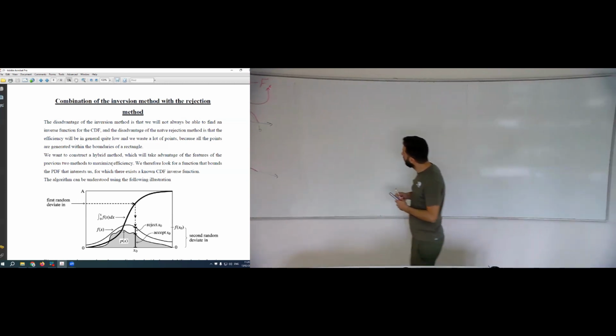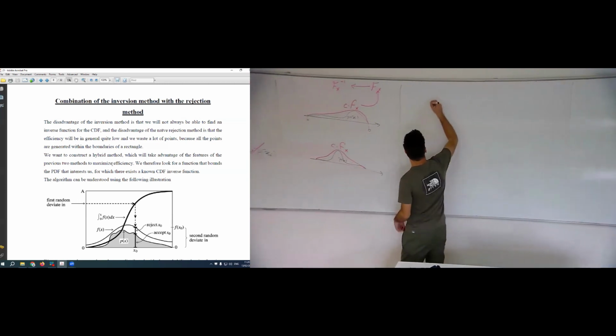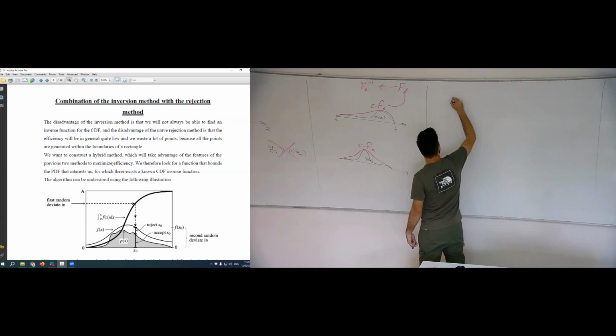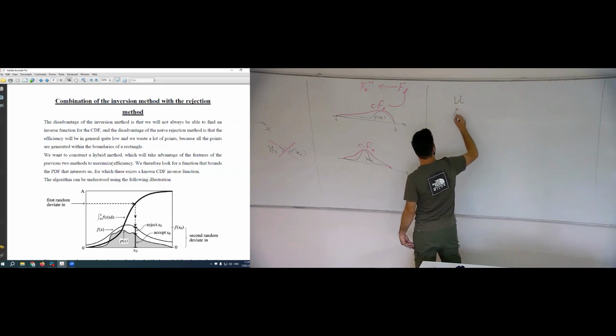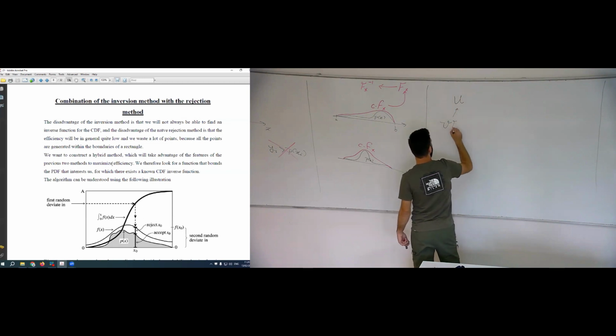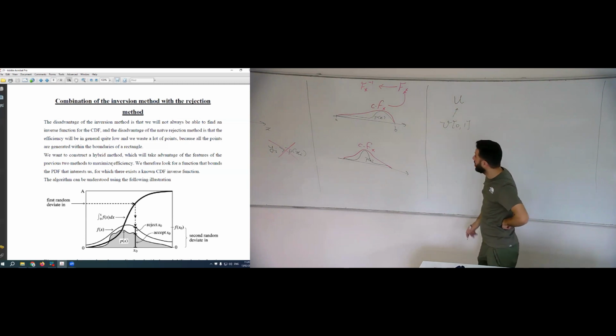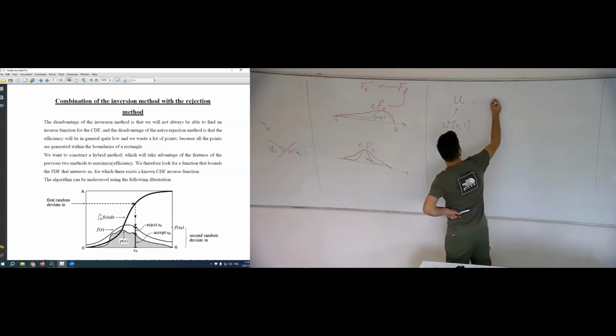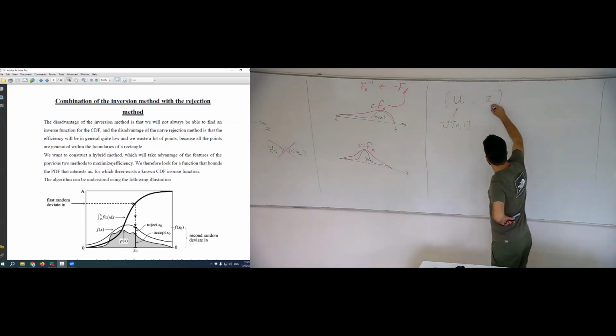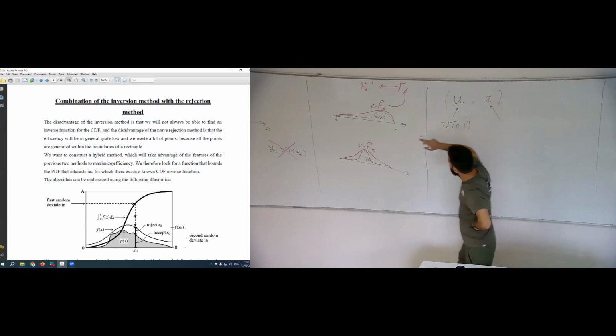Now, we produce U from a uniform distribution. The computer knows how to do this. And we produce X from this distribution.